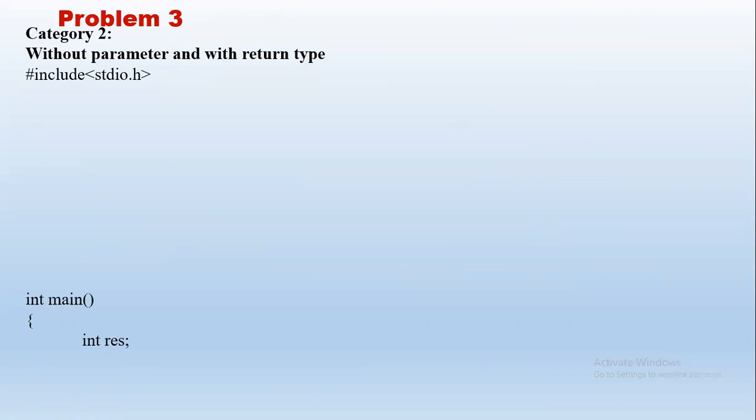So here we declare the result variable. So this is where we will get back the result. So result equal to fact is the function call. Note that there is no parameter passed, but we have a return value. What is the data type of result? It is integer. So return type of the function should be specified as int.